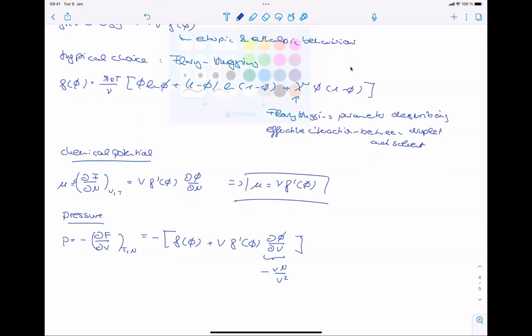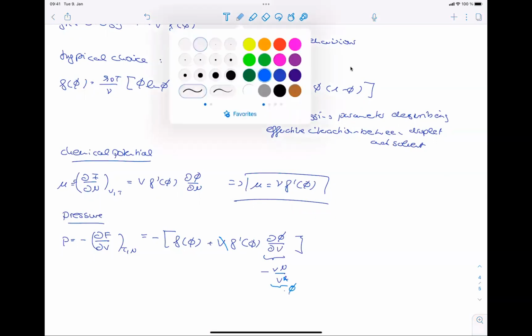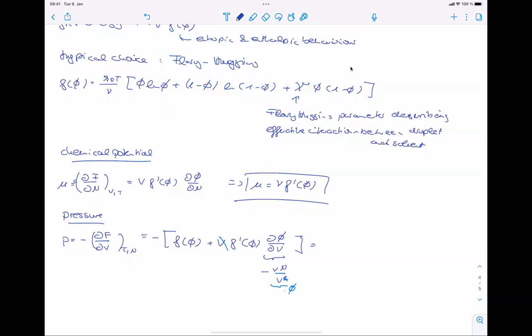Now we can cancel this and this, and identify what's remaining as phi again, to write this as a shorthand that P is phi f prime of phi minus f.